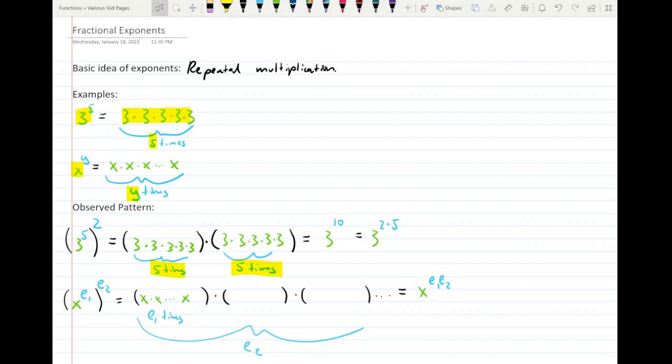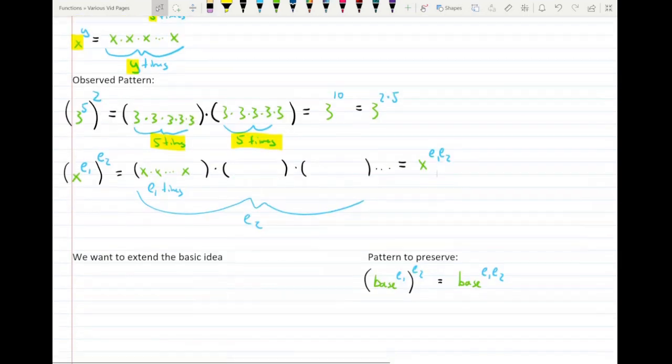It's this pattern that we're going to use to extend the definition of exponentiation past positive whole numbers. And we're going to start with fractions.